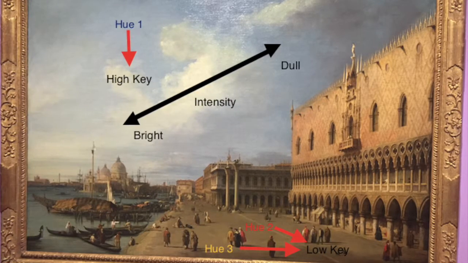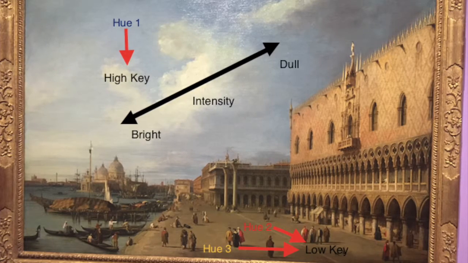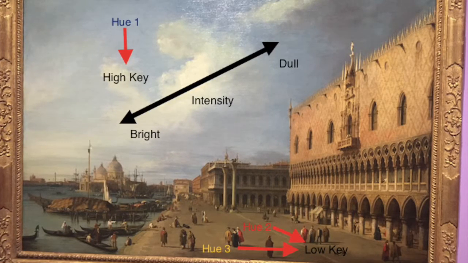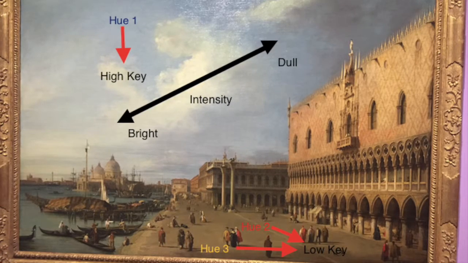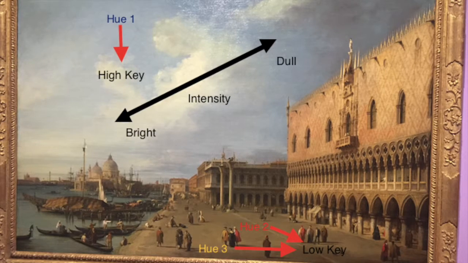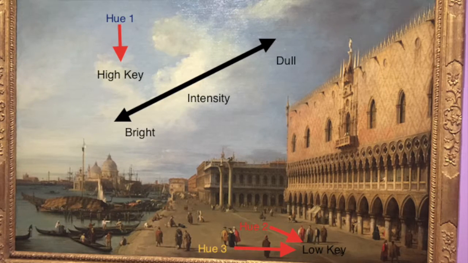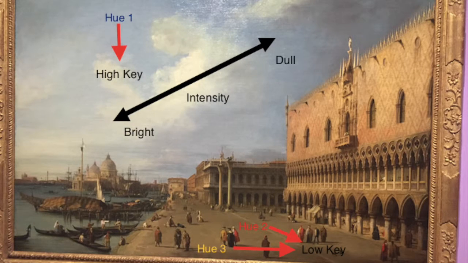The high key value would be the blue, and the low key values would be red and yellow. Property number three, intensity. The sky blue is bright, and the gray sky is dull. Now, the palette used in this painting is primary colors, but like I said, mainly blue and some red and yellow. Also, there are very many neutral colors being used.